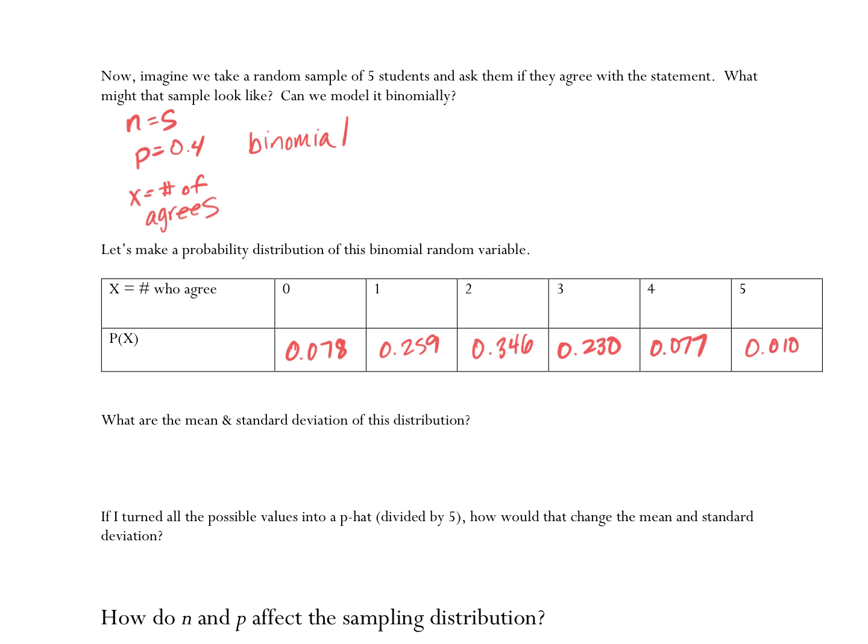Could we find the mean and the standard deviation of this? Do we have to plug these into our calculator? We have formulas for the mean of a binomial. We have formulas for the standard deviation of a binomial.